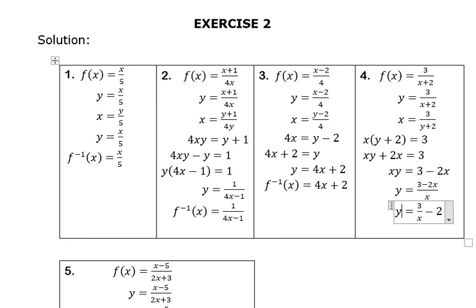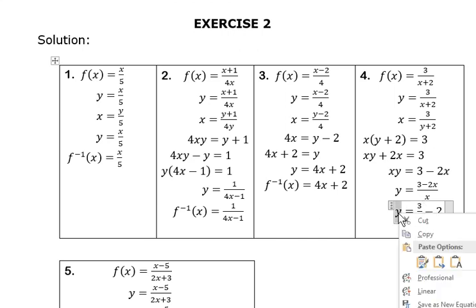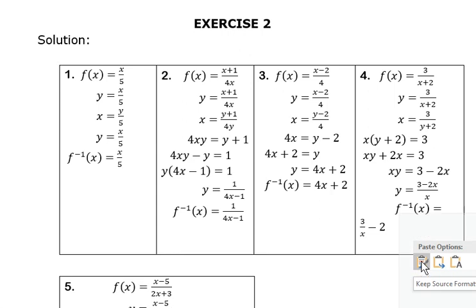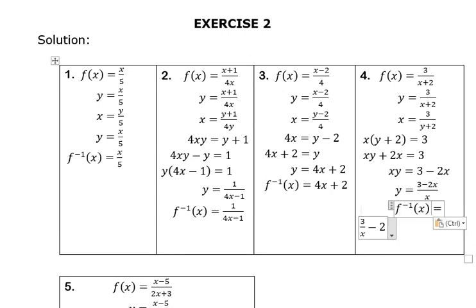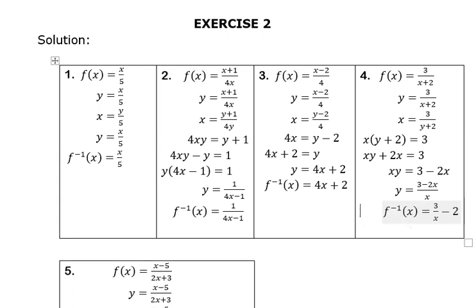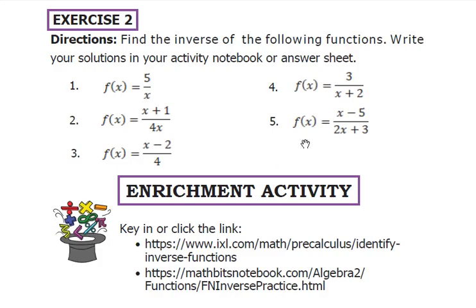Let me change it into f inverse of x equals, let me have it here to make it fit. Okay, so the final answer for this number is that f inverse of x equals 3 over x minus 2.